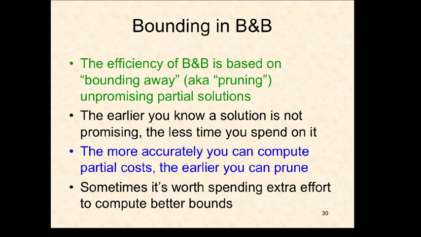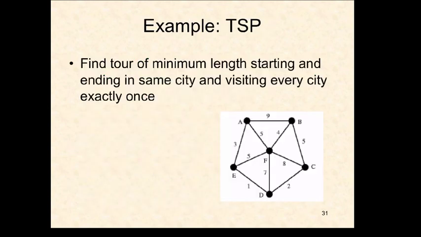And so the more accurately we can compute a partial cost, and we'll talk about what that means in a second, the earlier we can prune. And so we might want to spend a little bit of time on this partial cost estimate to get a better bound. So let's look at an example.